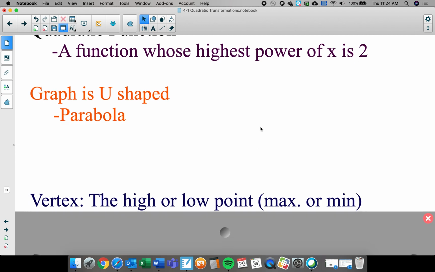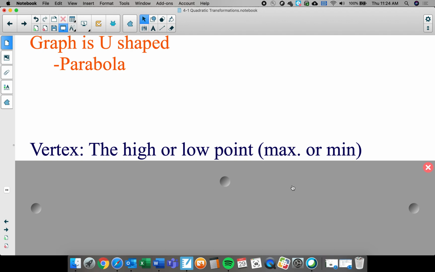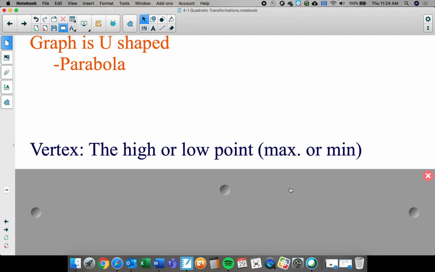The vertex is either the high or the low point. So if your parabola is opening up, then you have a low point, you have a minimum value, very similar to what you had with the vertex of an absolute value graph, which is exactly why we did that right before this chapter. So you've got either minimum or maximum values, depending on whether the vertex is at the top or the bottom.